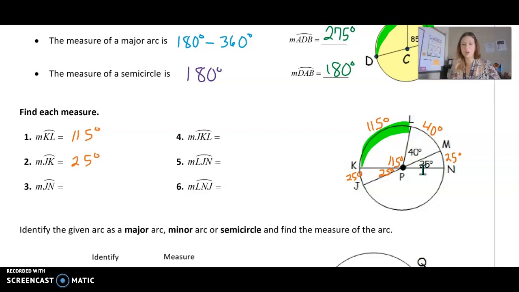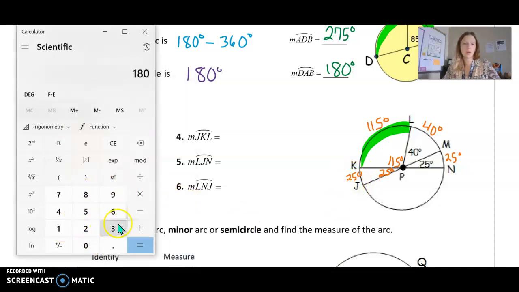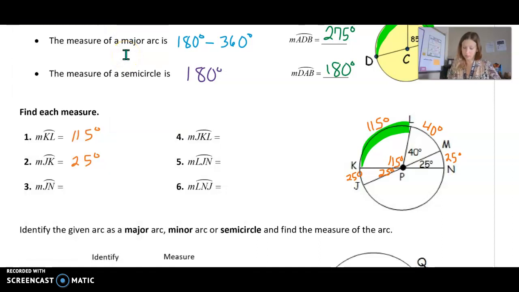Now JN is all that's left. Remember, from K all the way to N is half a circle, so we just need to do 180, half of a circle, minus 25. So 180 minus 25, 155. And the angle would also be 155. And remember, a good way to check is that all of the arcs should add up to 360, a full circle.